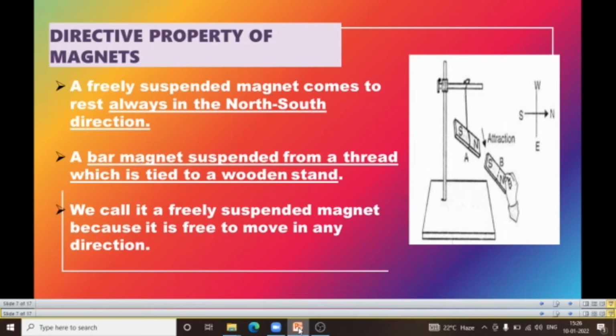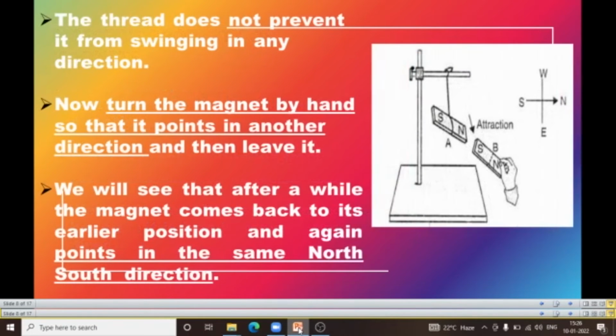Let's take a bar magnet suspended from a thread which is tied to a wooden stand. The thread does not prevent it from swinging in any direction. Now turn the magnet by hand so that it points in another direction and then leave it.